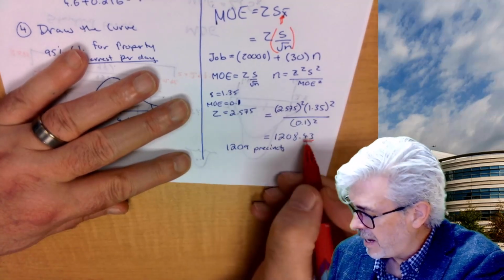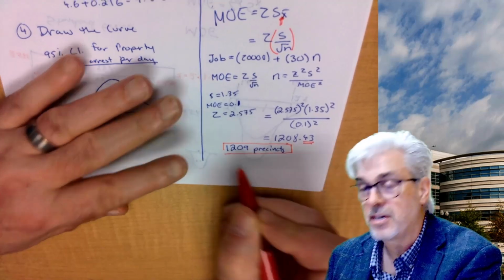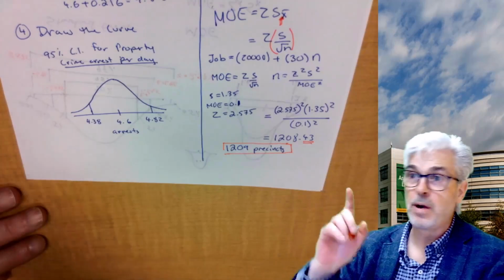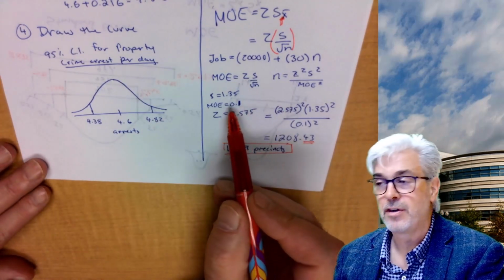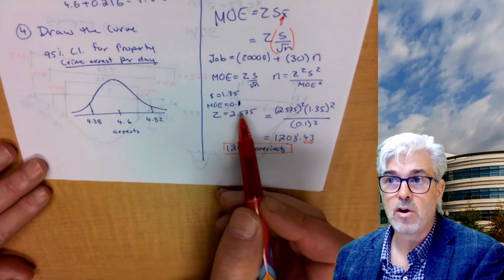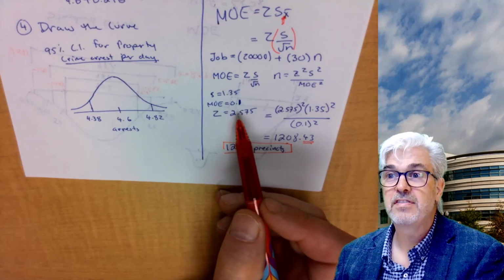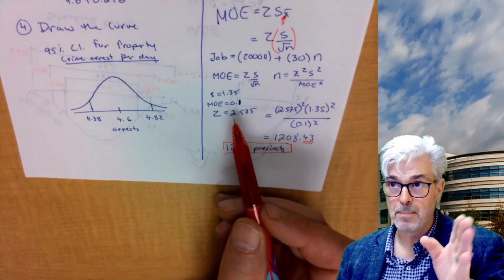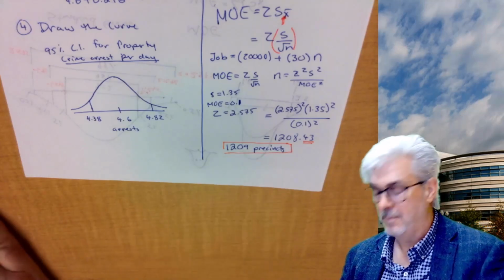And it doesn't matter what's after the decimal. If it's 1208.00004, you still round it up. Because if you round it down, you're sacrificing either the agreed upon margin of error or how confident they were going to be, right? You'd be sacrificing one of these two things. They've said they want to be 99% confident within 0.1 of an arrest, right? So you always round that one up, the last one.